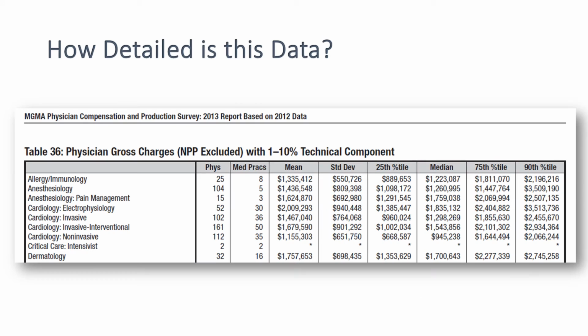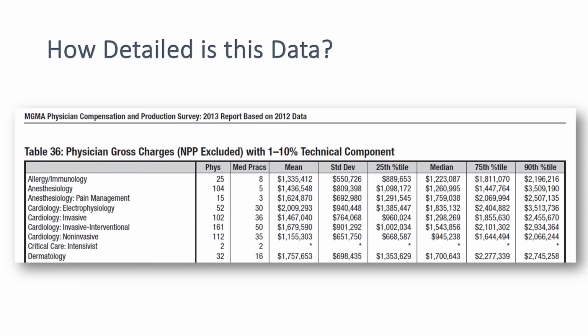So how detailed is this data? Well, it's quite detailed. If you look at the sample table, which just looks at physician charges, you can see that for allergy and immunology, they surveyed 25 physicians and 8 practices with a mean gross charges of $1,335,000 per physician.